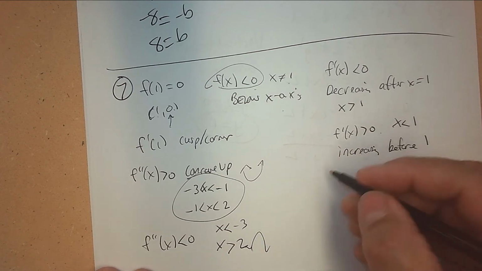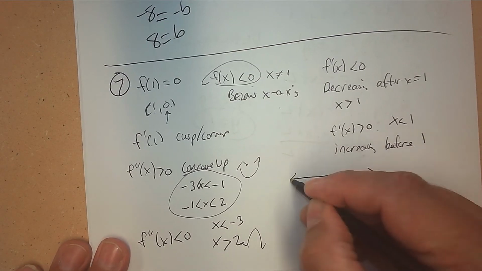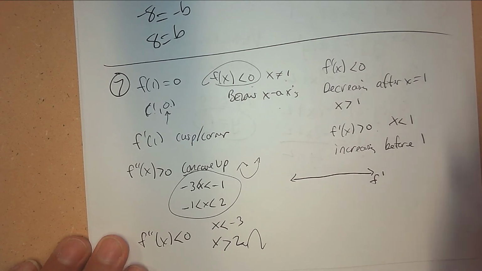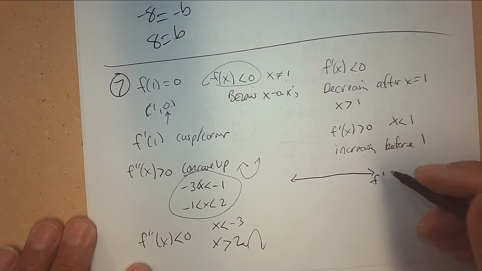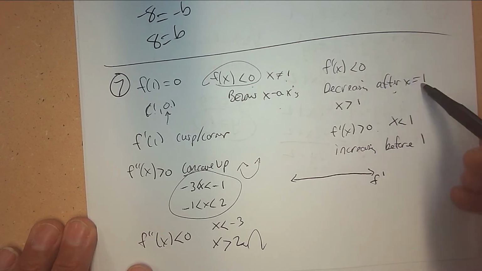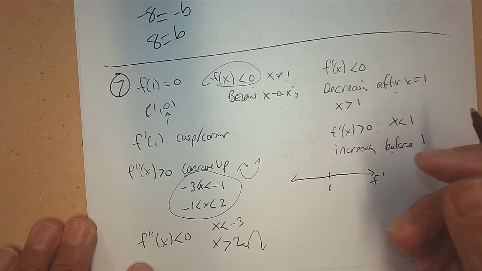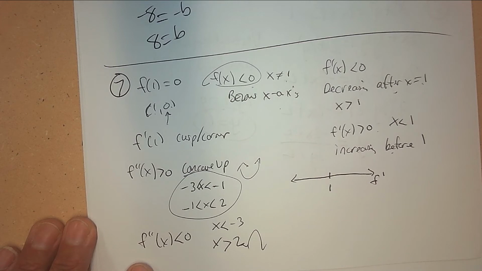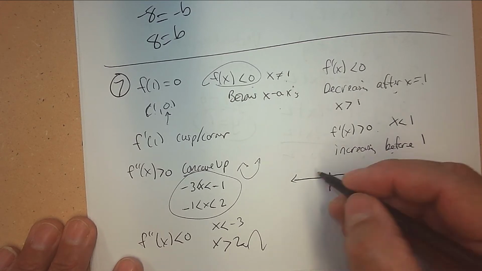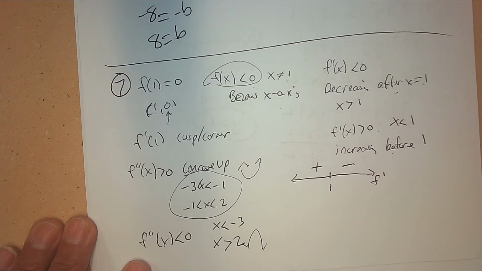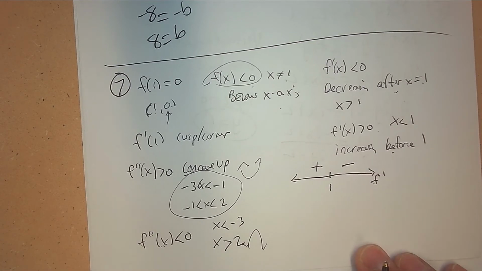So let's do number lines before we do the graph, based on what we just said. First derivative number line. The key number here is 1, with increasing before and decreasing after. So 1 is a critical value. Before 1, it's increasing, and after 1 it is decreasing.